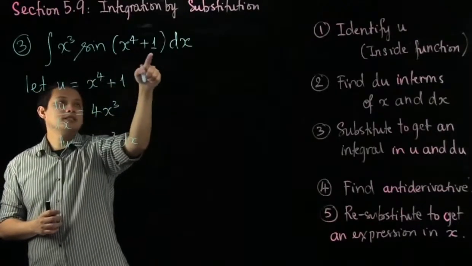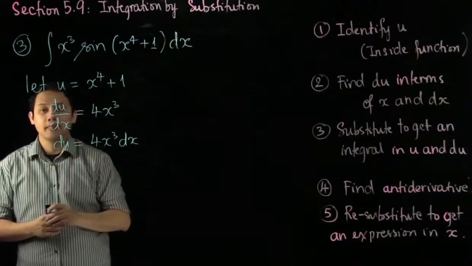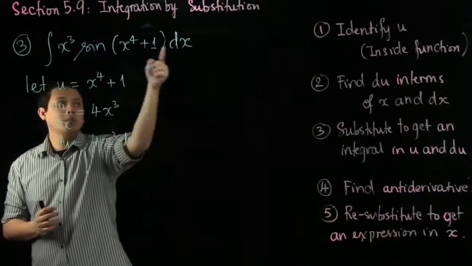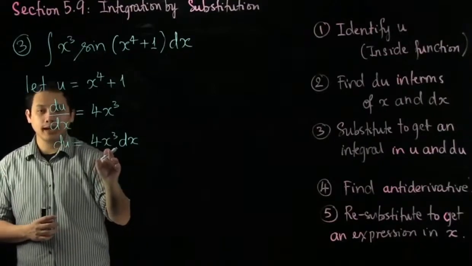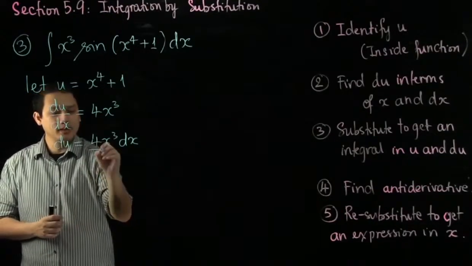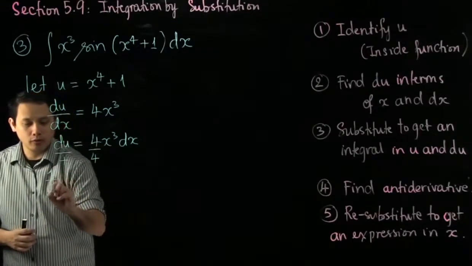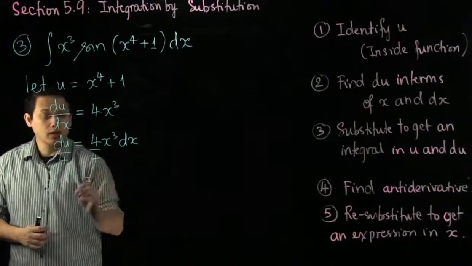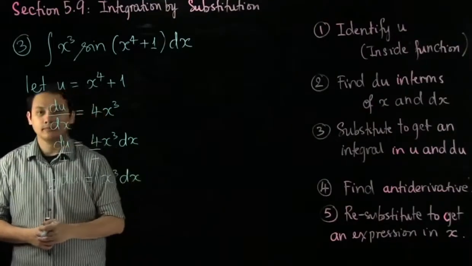So you have the inside function x to the 4th plus 1, right? That is u. And you are left with x cubed dx. But in here, you have 4 times x cubed dx. We have to get rid of the 4. That means divide both sides by 4. You have 1/4 du equal to x cubed dx.